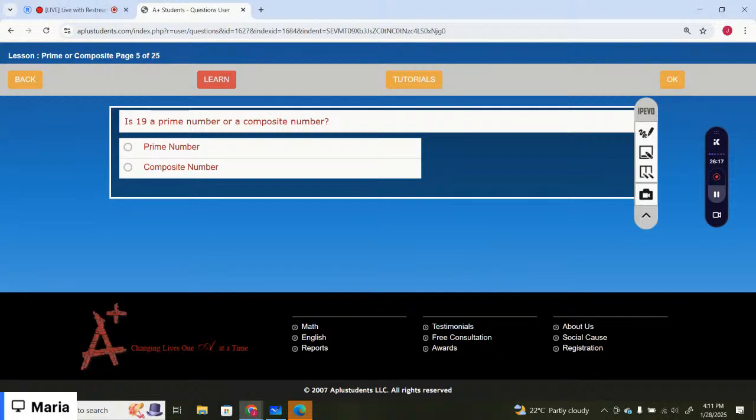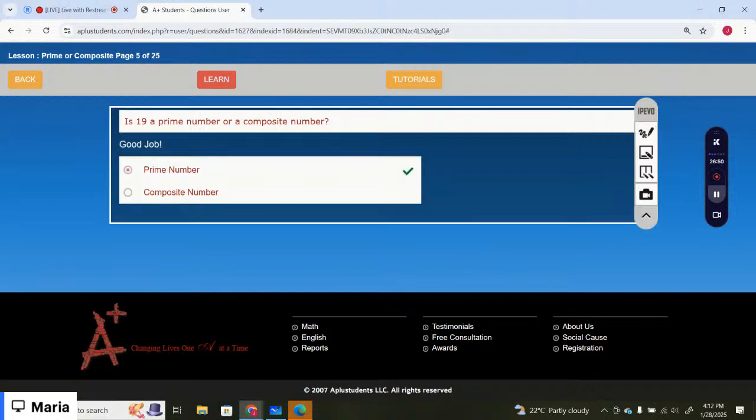Is 19 a prime number or a composite number? 19 is a prime number. Option number 1 is the correct option. Prime number it is.